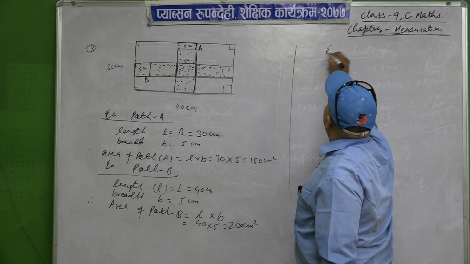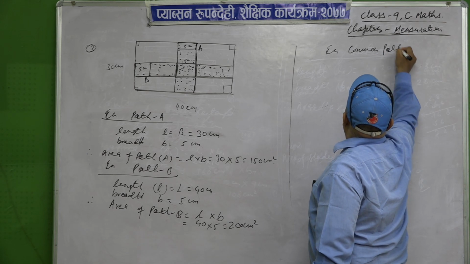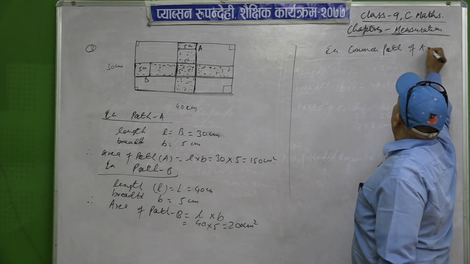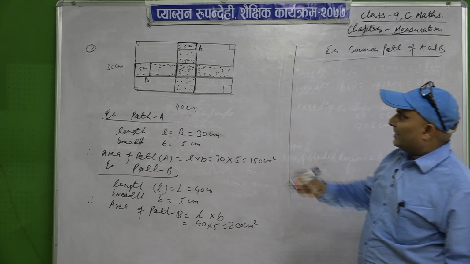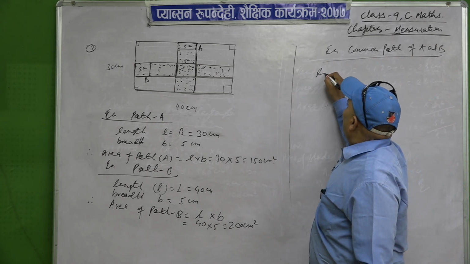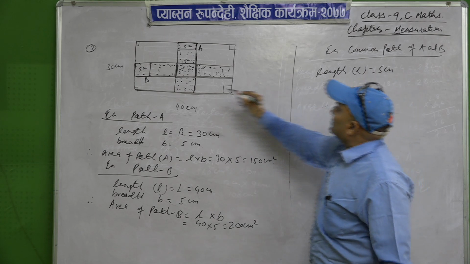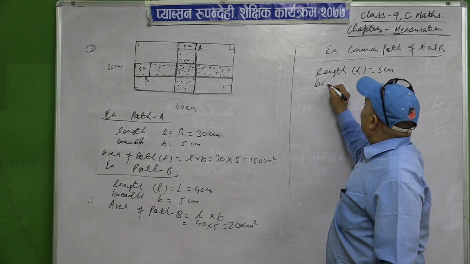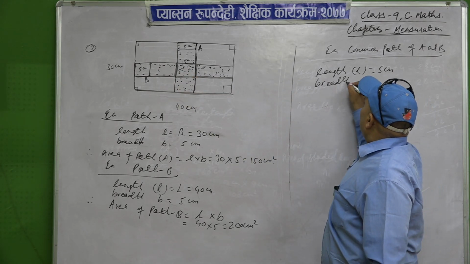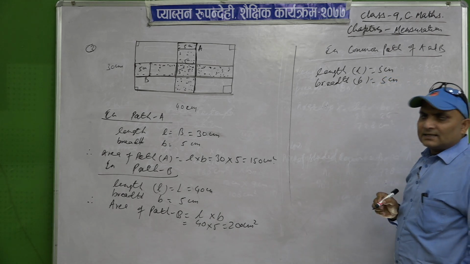In common path of A and B, length is L. Length L is 5 centimeter, this part, in this part, see, common path, and breadth B is also 5 centimeter.